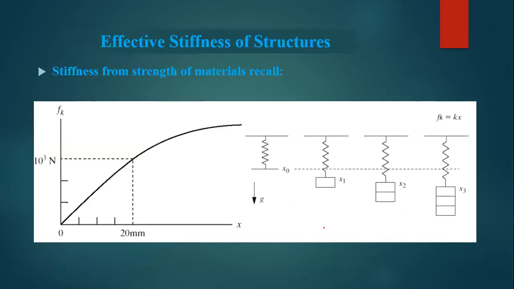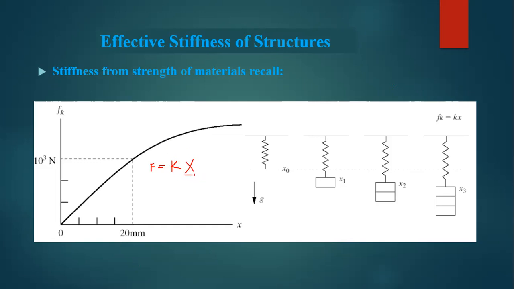Okay, so now let's see some important aspects of the effective stiffness of various kinds of models. As we know from the strength of materials concept, the force in the spring material is equal to kx. That k is the stiffness of the material, and x is the deformation, or k delta.